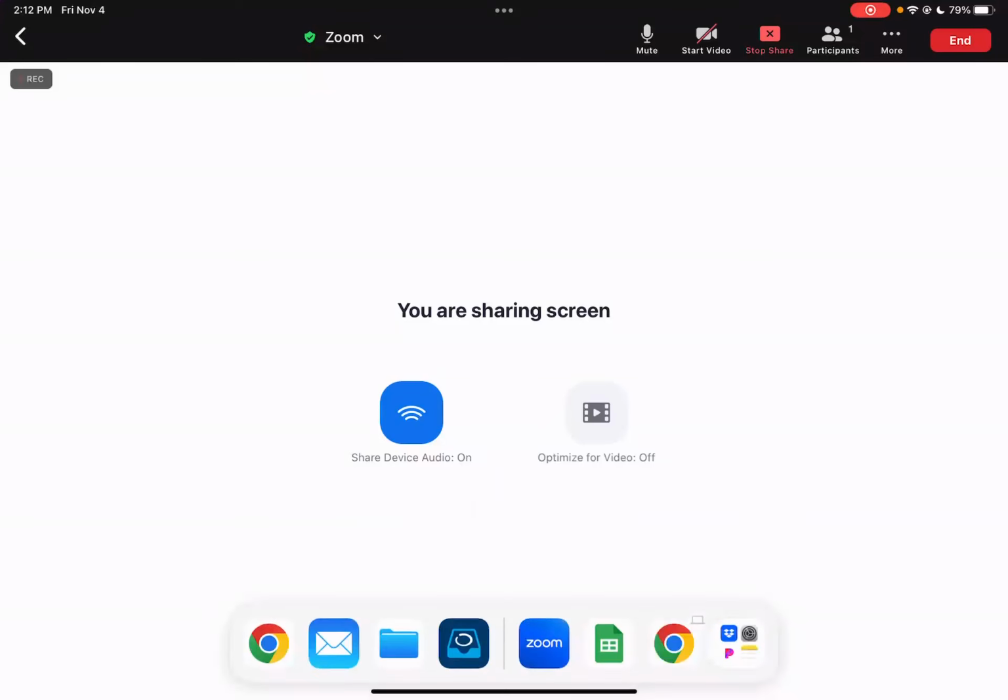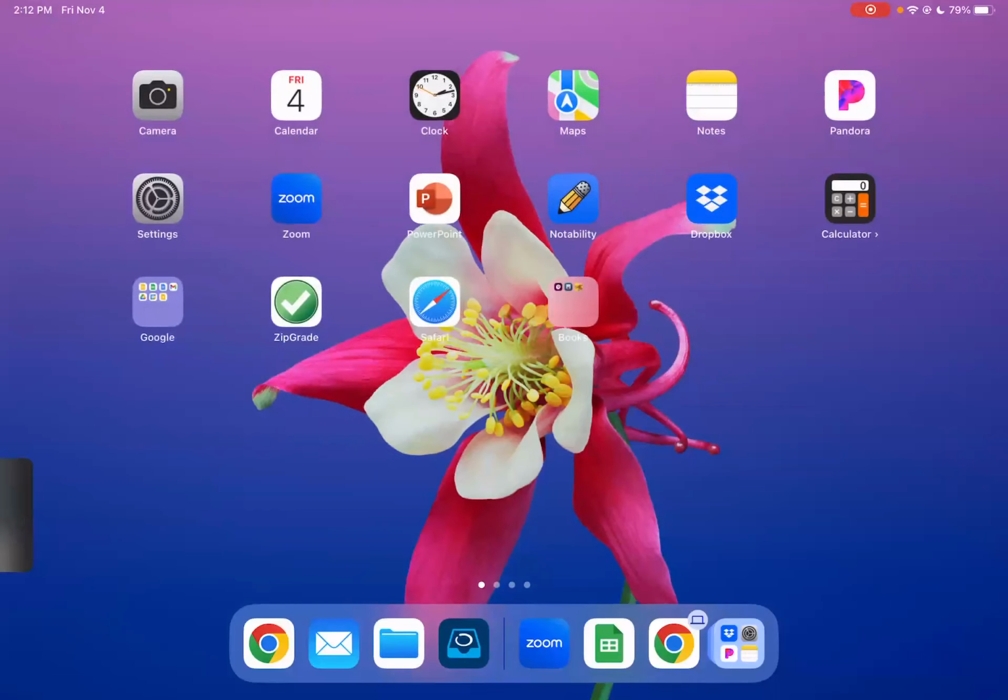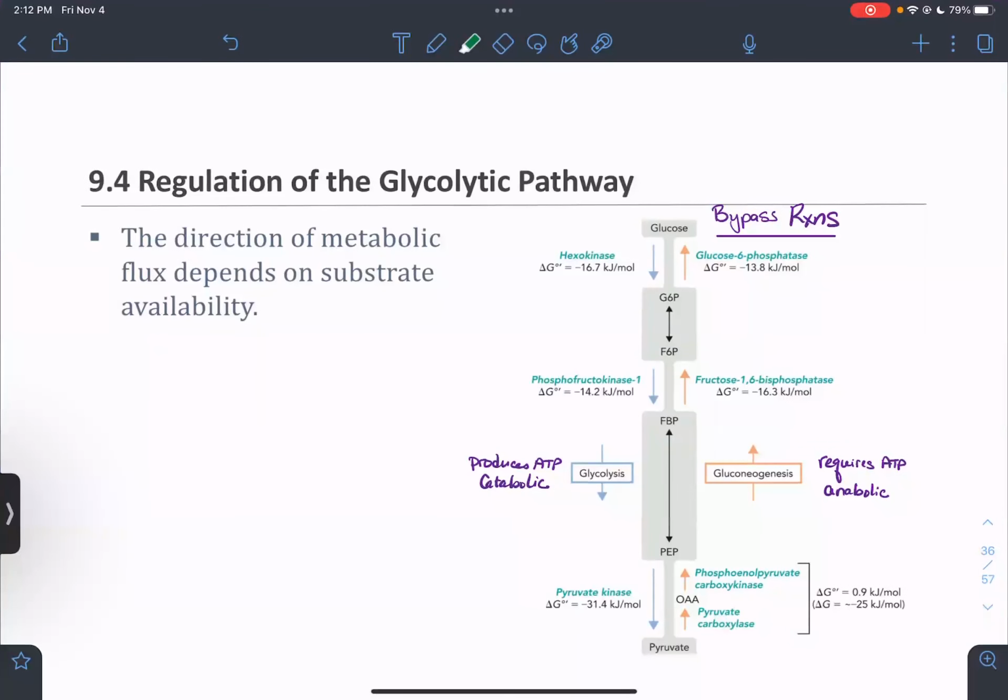Okay, so we are going to go in and finish chapter 9. Just as a nice reminder, what is enzyme activity controlled by? We've talked about this multiple times. We said substrate availability is one way that we can control how quickly a reaction happens.